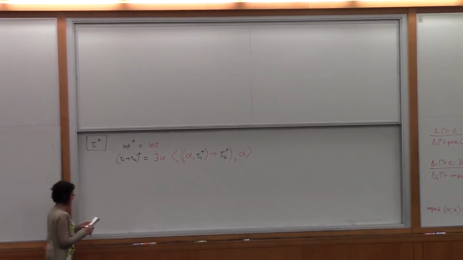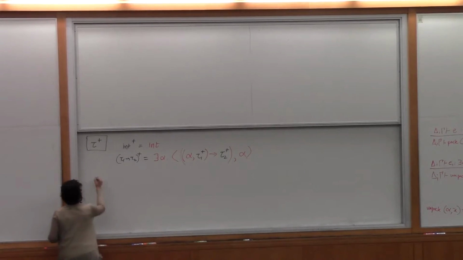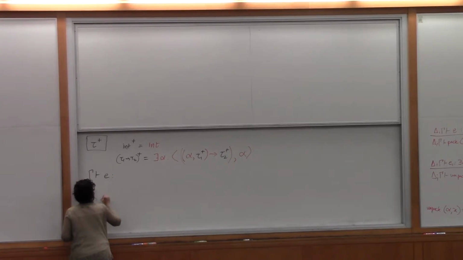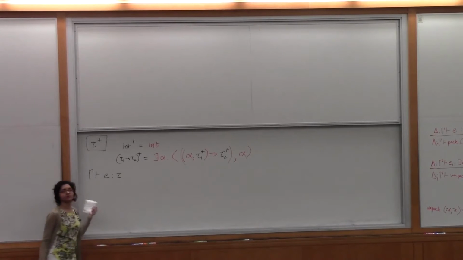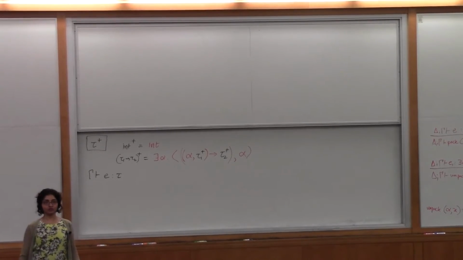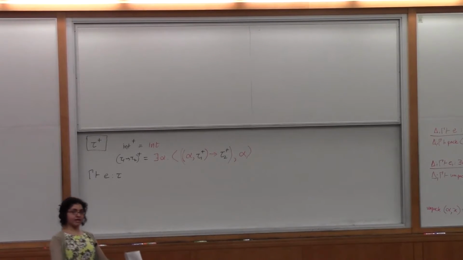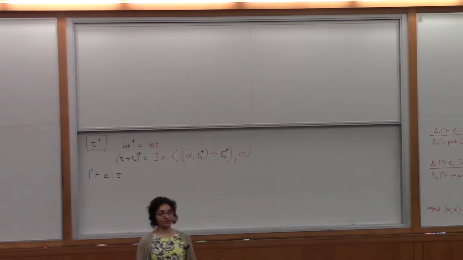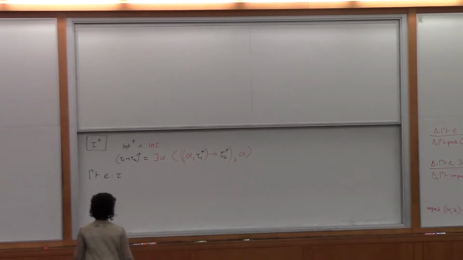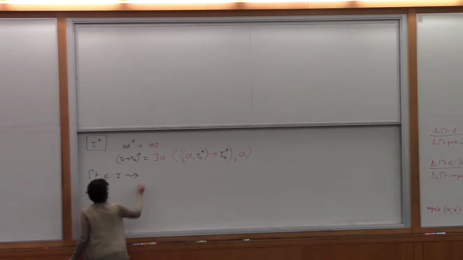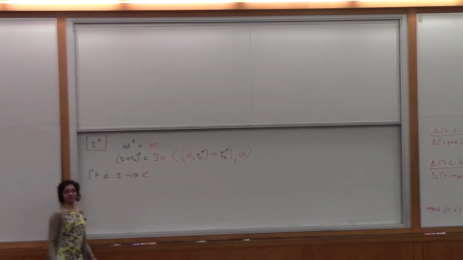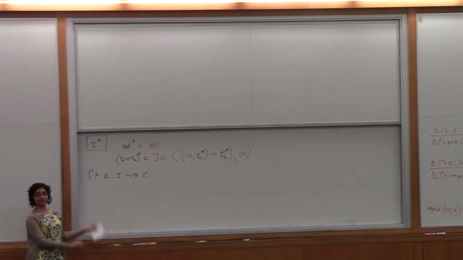And the rest all follow. Okay, so now we want to write our compiler. And since this is a type preserving compiler, I want to say that if you have gamma turnstile e of type tau in the source, a typed term, I'm only translating well typed terms, I'm going to compile it to some target thing, red e. I want to give you the shape of my translation judgment first.